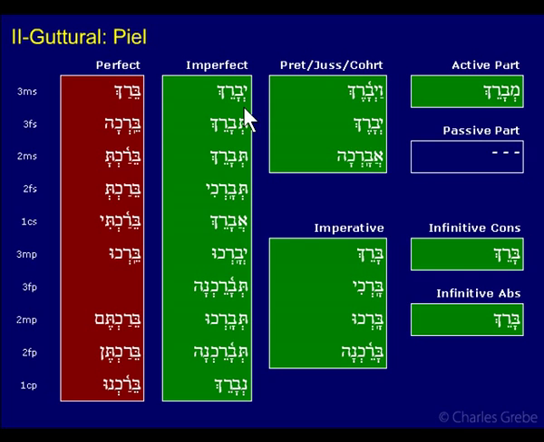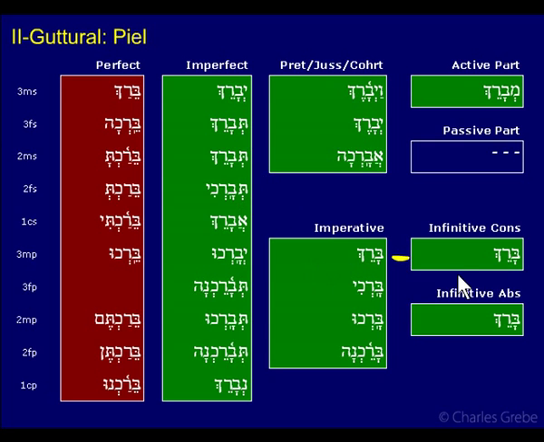Over here, the resh, of course, can't double. And so what's normally here is a patach. You can check your tables. And the patach will lengthen to a corresponding A vowel, the longer one, the qamets. So that's what happens, and that's predictable. Down here, remember I said that the patach marks the imperative. Of course, it's here as well, like in the strong verbs.